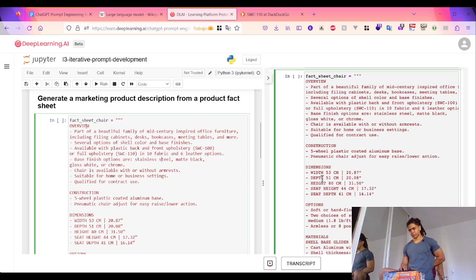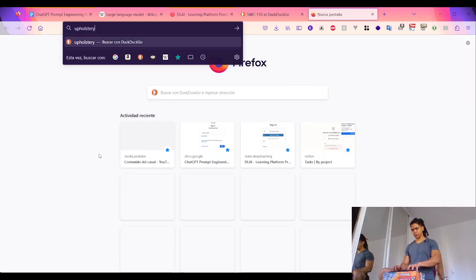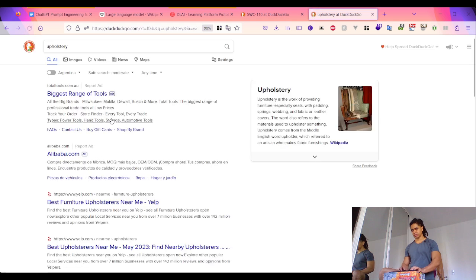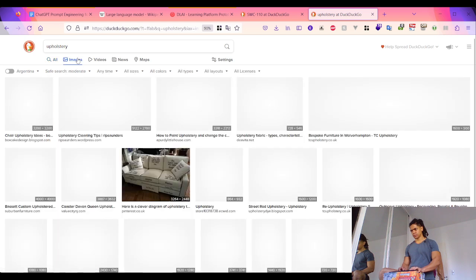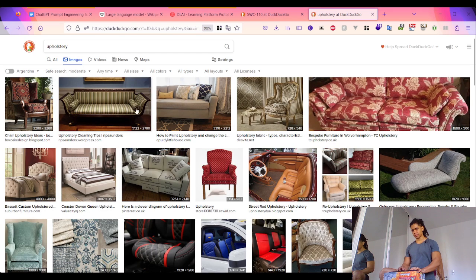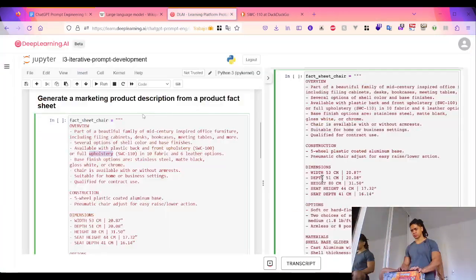Upholstery or full upholstery. Base finish options are stainless steel, matte black, gloss white, or chrome. Chair is available with or without armrest.